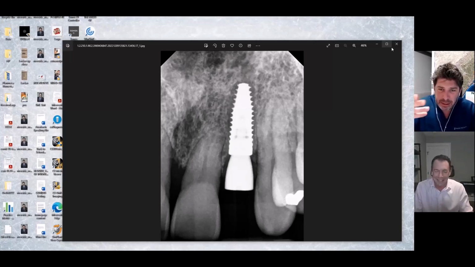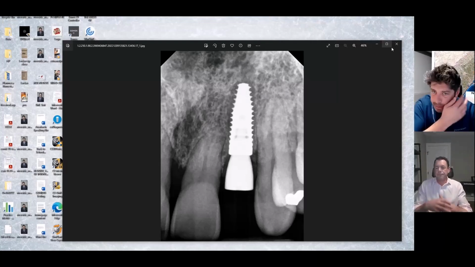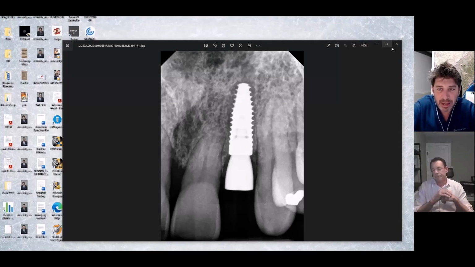If I may, and you should keep recording while I'm saying this, because I think it's important for the young surgeons to understand. Guided surgery, of course. Why not? It's great. It takes away a significant amount of margin for error. But anybody who does enough implants understands that you get back enough surgical guides, despite the quality of the technology, and they don't always fit, or they don't always make it through the procedure.